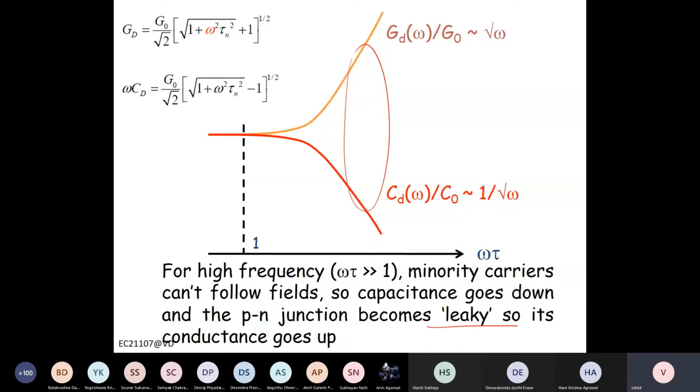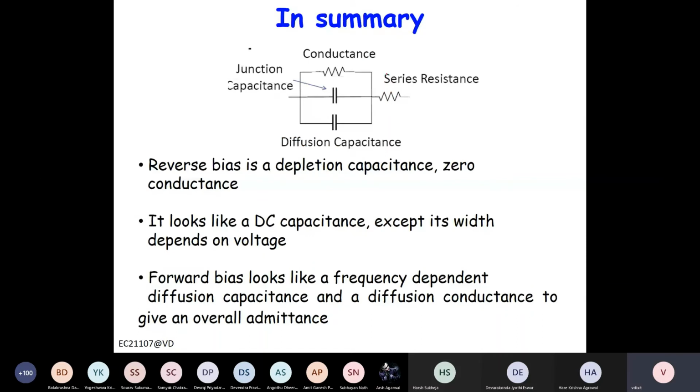So let's summarize. The typical equivalent circuit of a p-n junction diode is a conductance here, a junction capacitance here, a diffusion capacitance here, and a series resistance. So in reverse bias, only Cj and the series resistance appear.